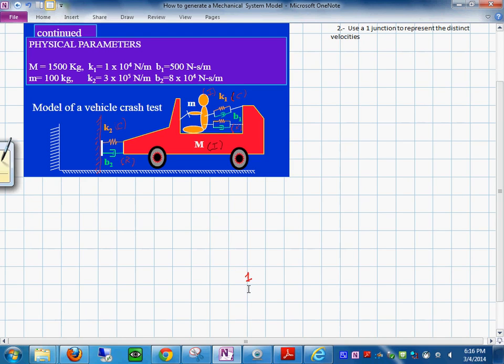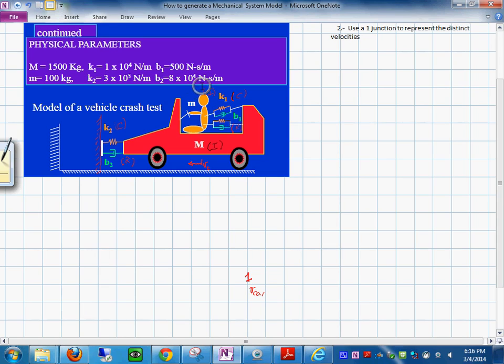So why don't we put V of the car? That's one. The car is going this way, like this. So it's V of the car.